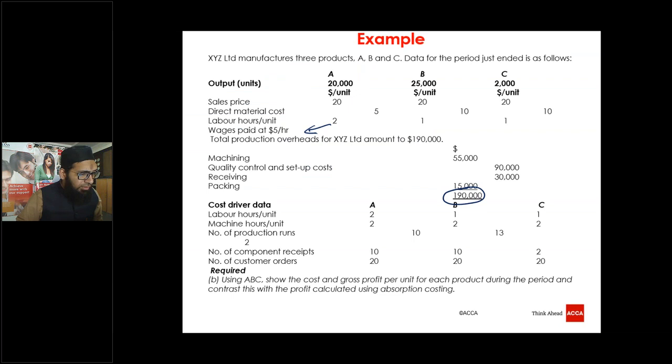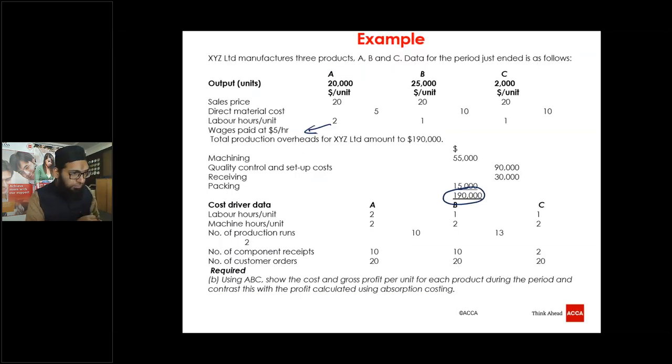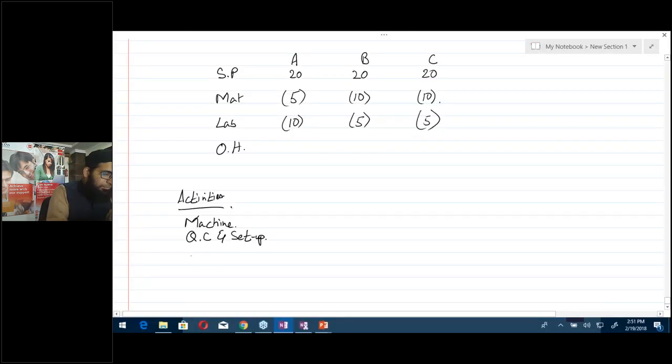They are machining, quality control, setup, receiving and packing. So I will write machining, quality control and setup, receiving and packing.